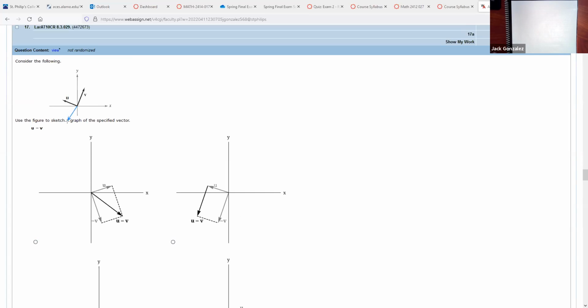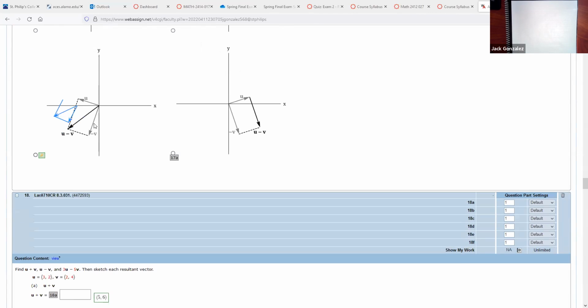Then you draw your parallelogram around that, from tip to tip here. The one that I care about would be over here. Does that make sense? Let's see if we got it. Yeah, that's basically what they're doing.